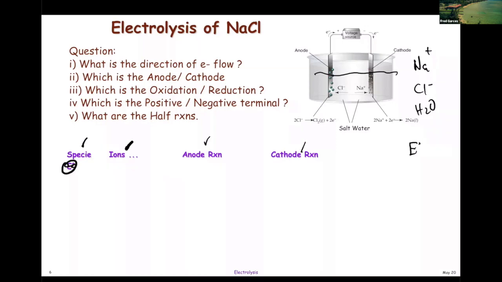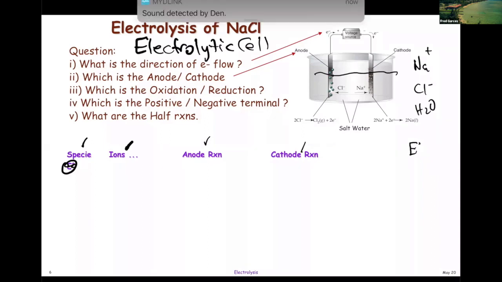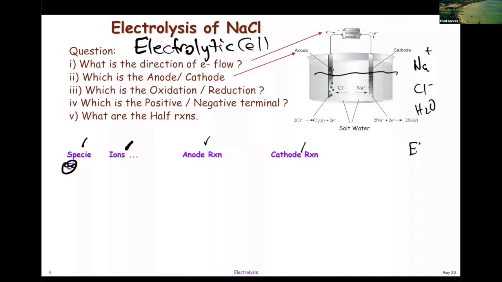So when we do that, okay, I'm just diagramming the different parts of the electrolytic cell. This is called an electrolytic cell, whereas a battery is called a voltaic cell or a galvanic cell. Electrolysis is called electrolytic cell because you need to drive that reaction that is not spontaneous.